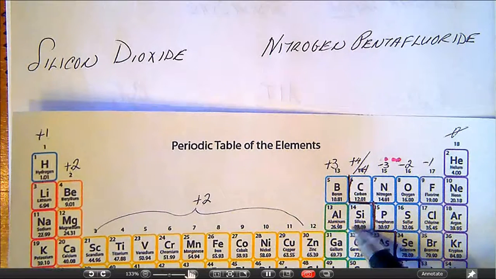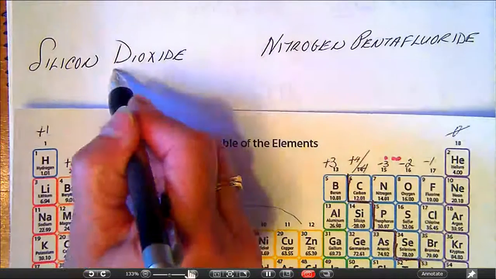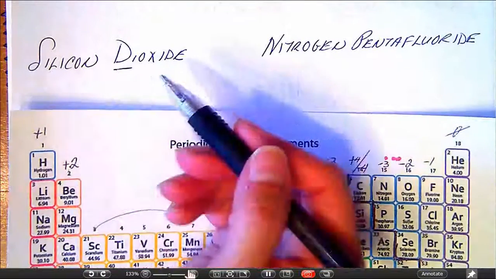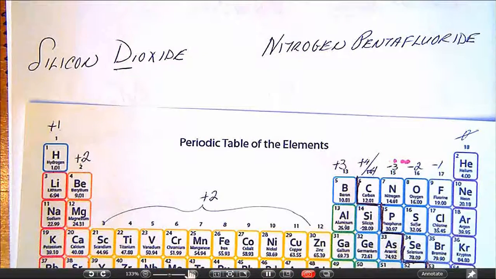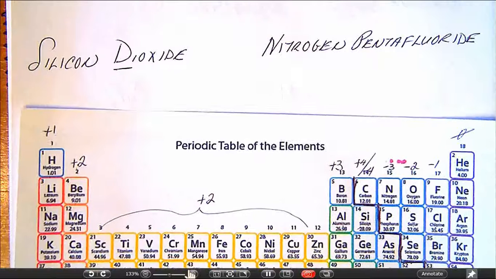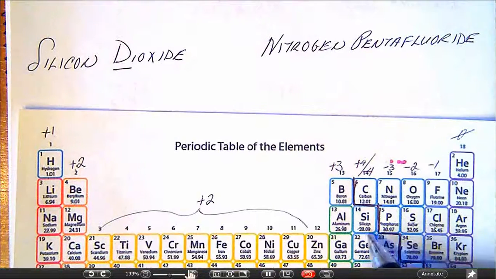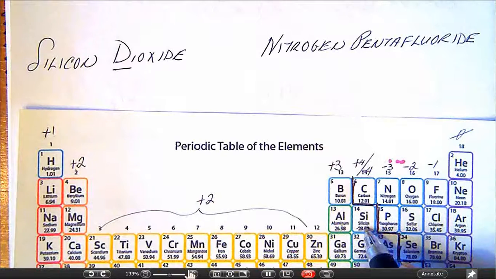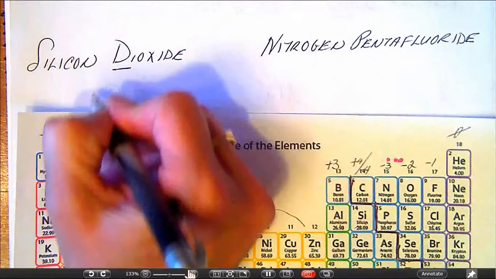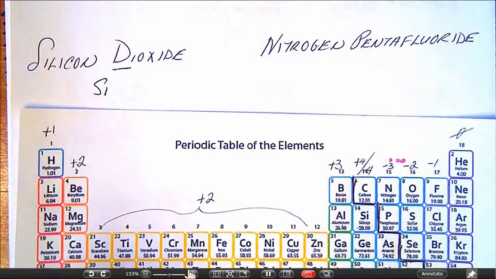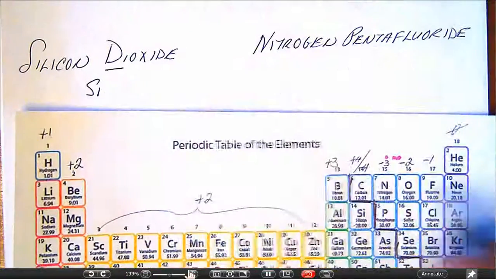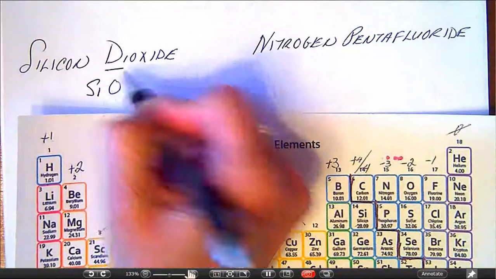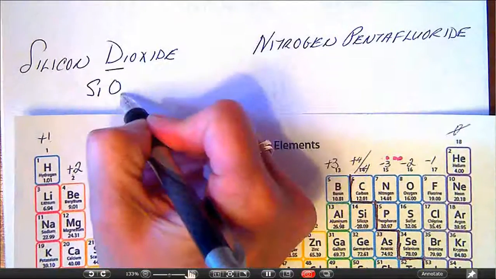In this case, because you have the prefix di, you will know that it's acting like a nonmetal, and so you will name this like a covalent bond. Silicon, there's your abbreviation, Si, oxide, O, and di, 2.